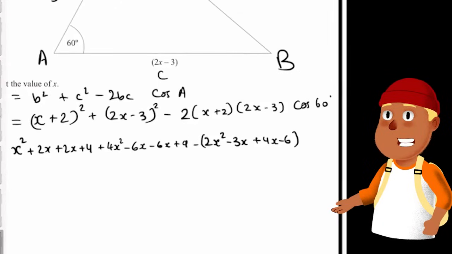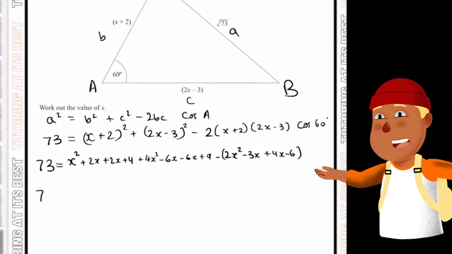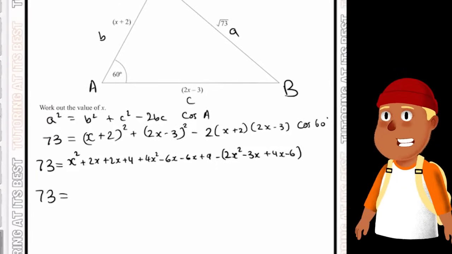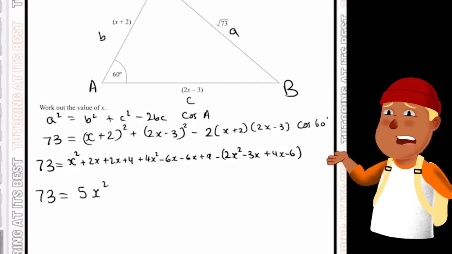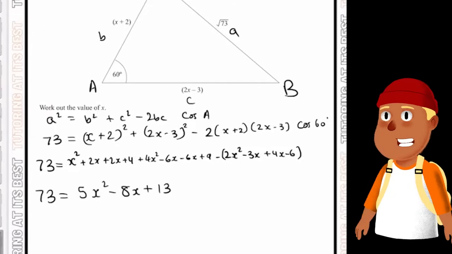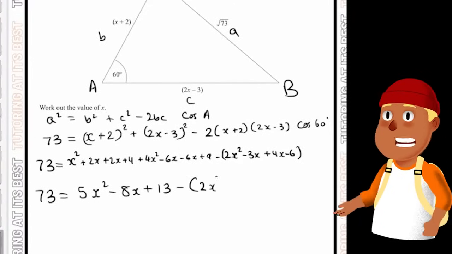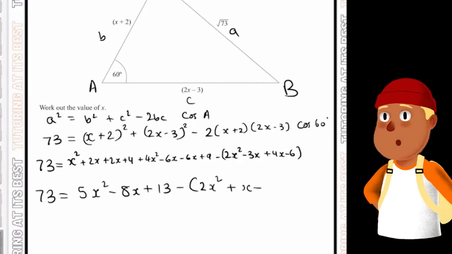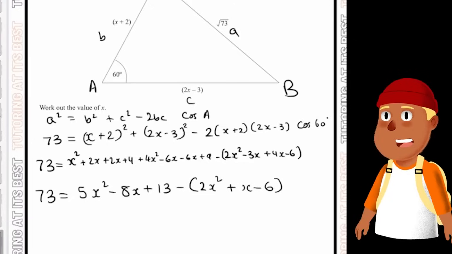So now by doing that, let's simplify this. So we're left with 73 equals 5x squared minus 8x plus 13 minus 2x squared plus x minus 6. So I hope this is clear as to what I've done so far. I am then going to go ahead and simplify this.